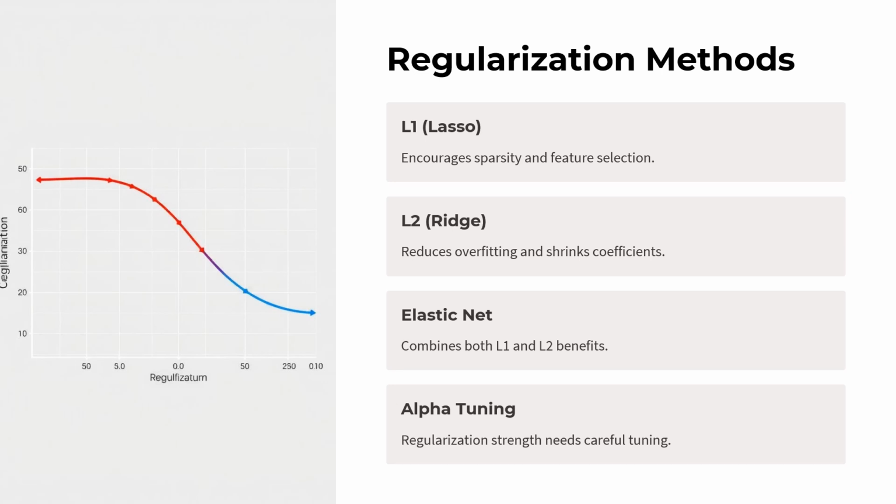If you want the best of both worlds, use elastic net. It mixes L1 and L2 for a balanced effect. And don't forget alpha tuning. It decides how strong your regularization is. As you can see in the chart, too little or too much regularization can hurt. The goal is to hit that sweet spot.